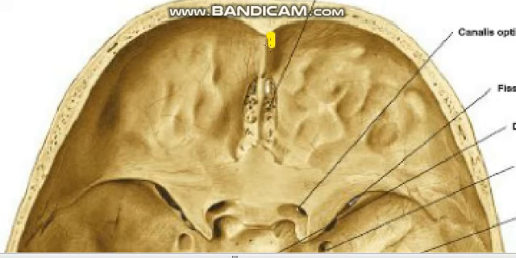So: frontal crest, foramen cecum, attachment of the falx cerebri, and the lodgement of the superior sagittal sinus.